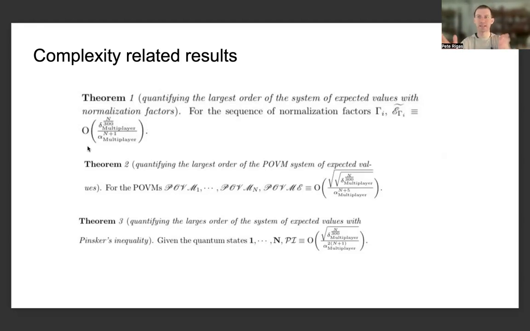So this is a very brief overview, or perspective, of the types of upper bounds that we're going to make use of for upper bounding a system of expectation values, as well as a system of positive operator valued measurements.